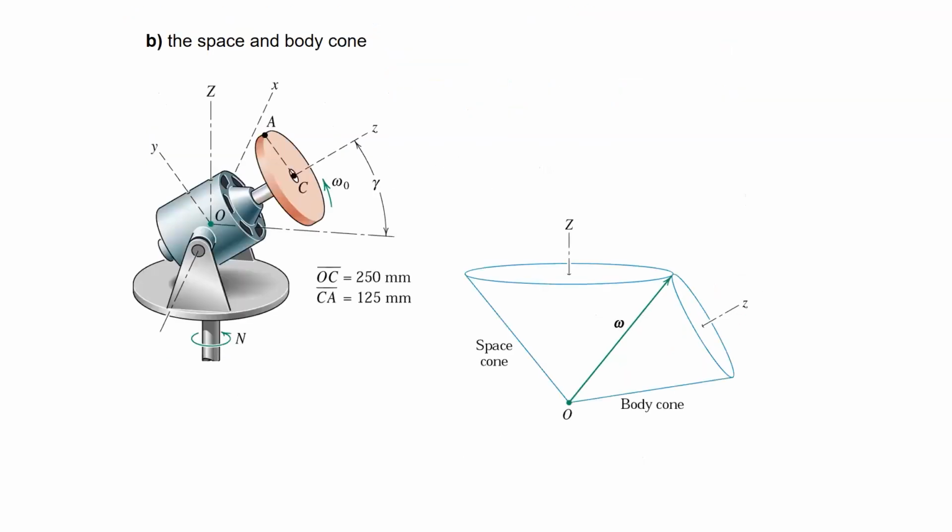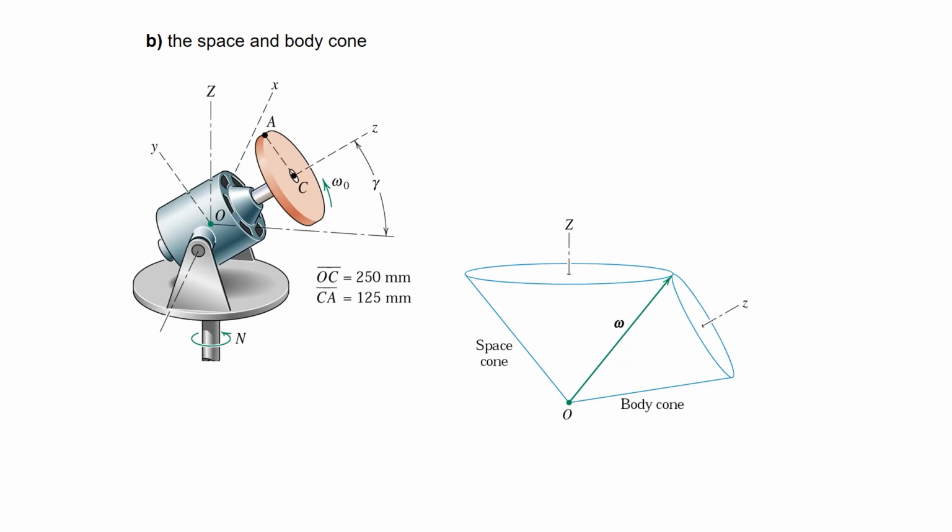Okay, so like this, we have already discussed the space cone and the body cone. Interestingly, this is the total angular velocity, and we have small z here where we have small omega naught, and about big Z we have big omega, and this is the total vector sum of these.